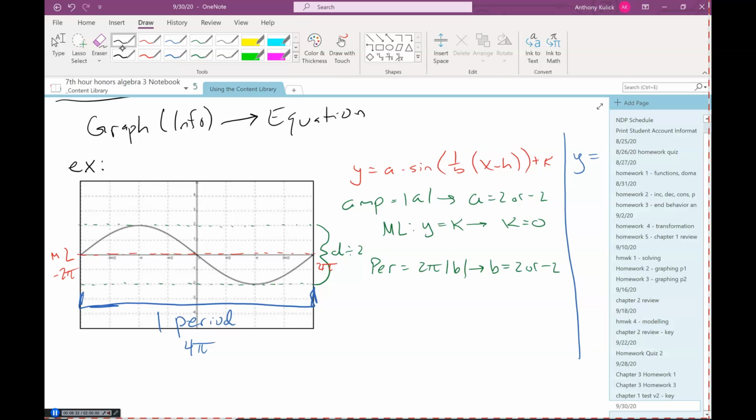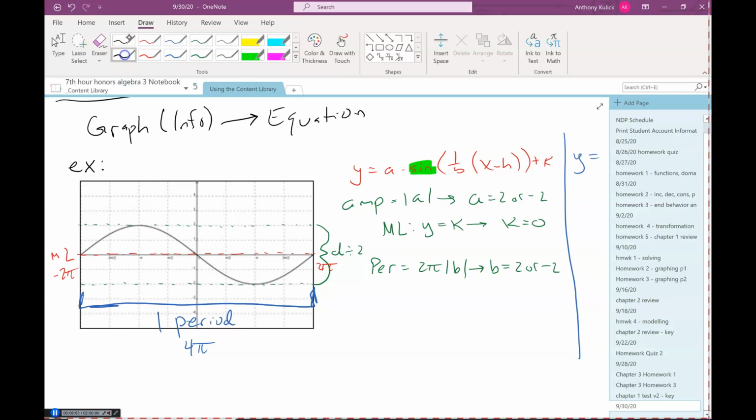Now comes finding the h. So if we're looking at a sine function, we're going to find our h one way. If we're looking at a cosine function, we're going to find our h a different way. Okay with this plan? So far, so good?